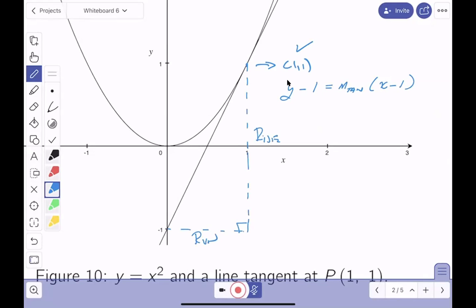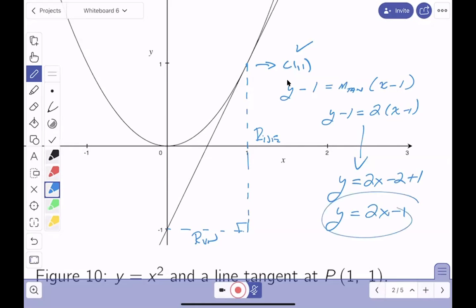Well, looking at the picture, it appears to be a run of 1 and a rise of 2. So I'm going to say this tangent line is y minus 1 equals, the slope of that line is 2, times x minus 1. I'm going to simplify that and say it's y equals 2x minus 2 plus 1, which is y equals 2x minus 1. And that's right over here, that line.